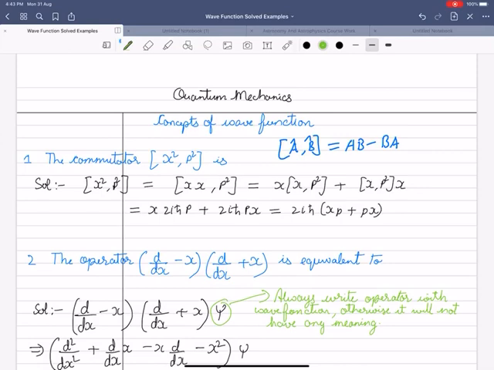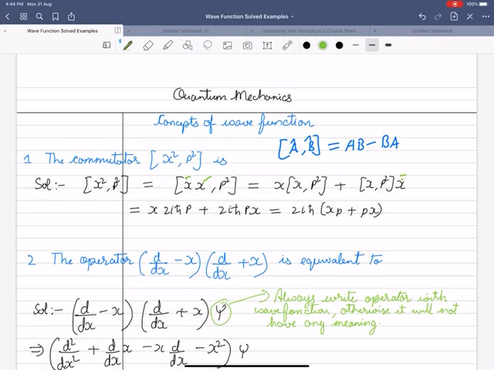You can also do it with p square, writing x square comma p into p. It is your choice. I have chosen x because it will give me a simpler view. This x can come on the left-hand side with x comma p square, plus x comma p square with this x on the right-hand side.